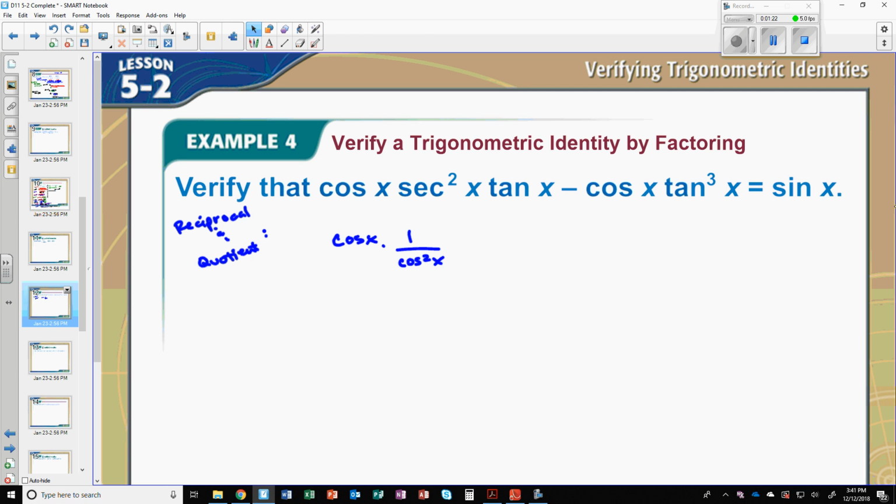Tangent is the same thing as sine over cosine x. Tangent is y over x, which is sine over cosine. And then I have minus here.